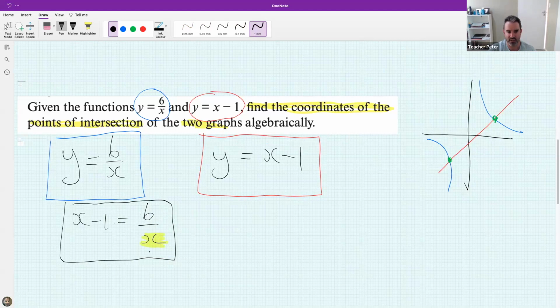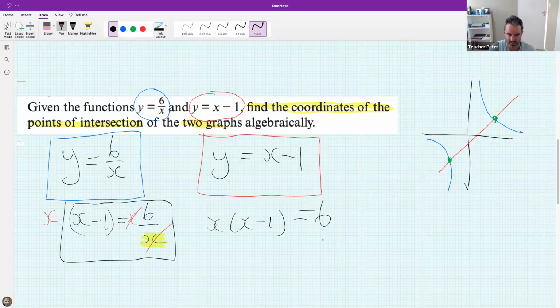If we multiply both sides by x, now I must be careful, this thing must be in a bracket, but I multiply this side by x, and if I multiply this side by x, this cancels, and I'm left with x times x minus 1 is 6.